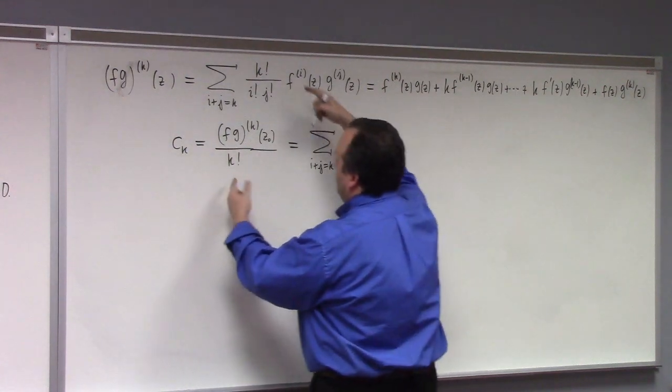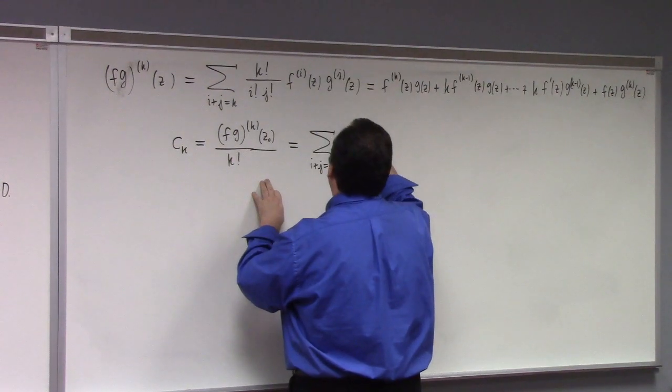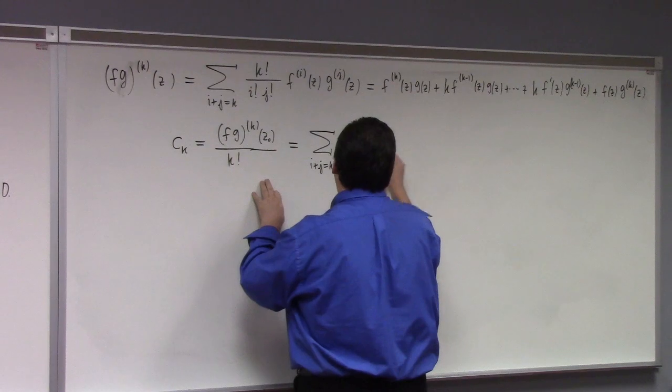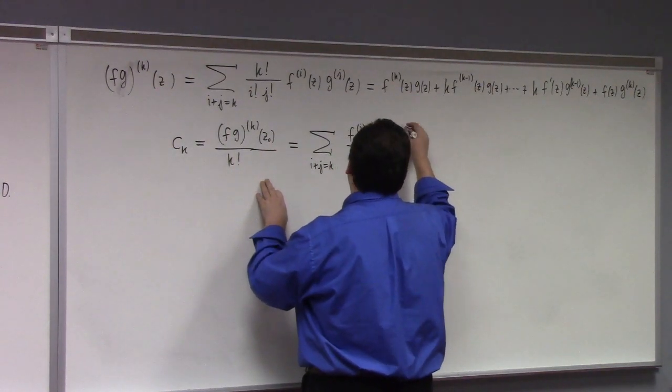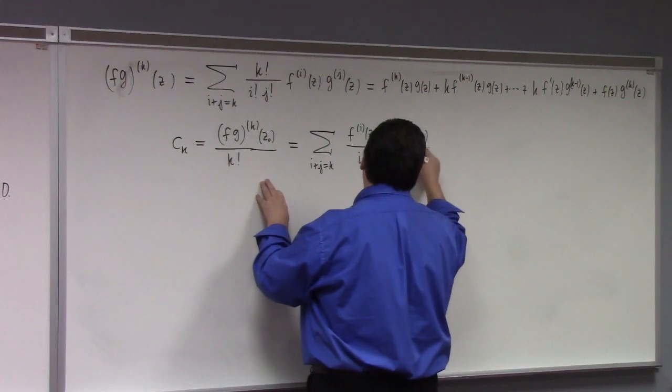Notice that the k factorials, they be canceling. And you just got like the ith derivative at z naught over i factorial times the jth derivative at z naught over j factorial.